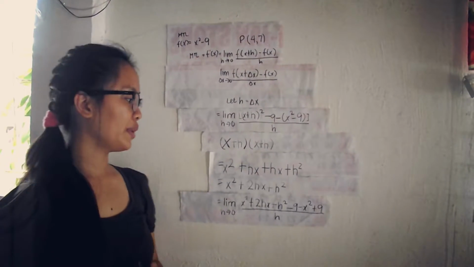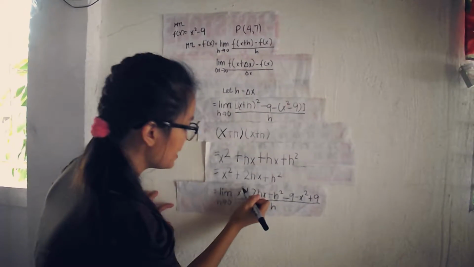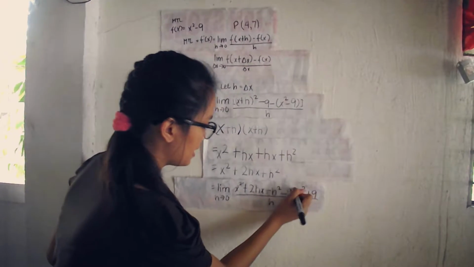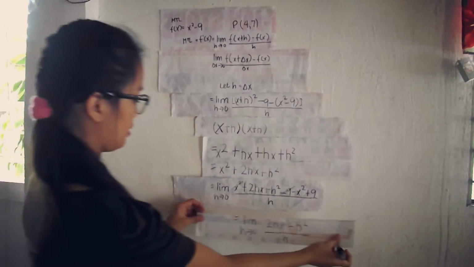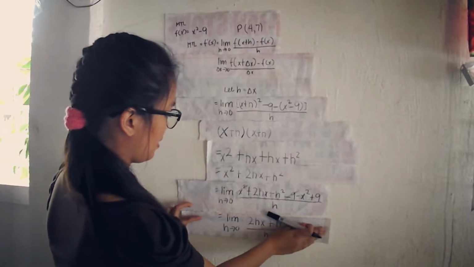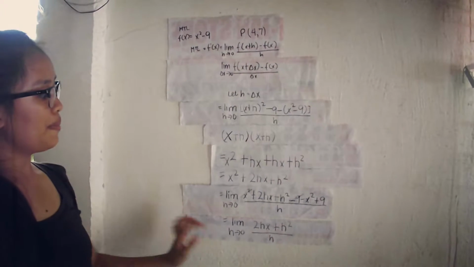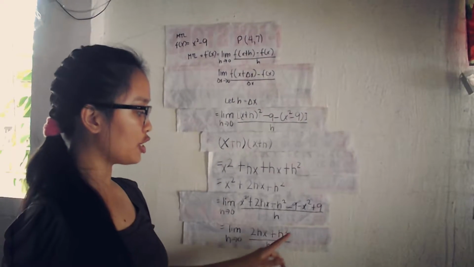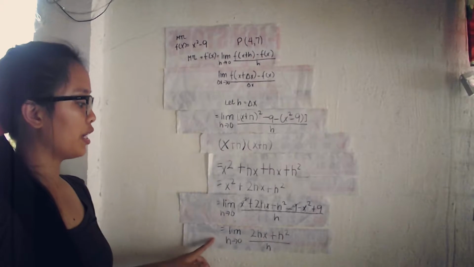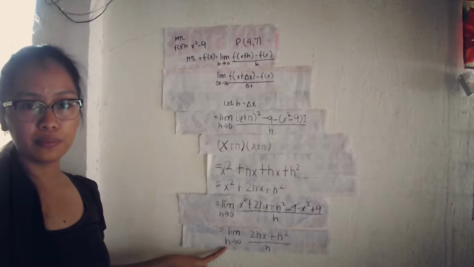This time, we can now cancel this and this. So the remaining in the equation would be this. So the limit of 2hx plus h squared all over h, where h approaches 0.